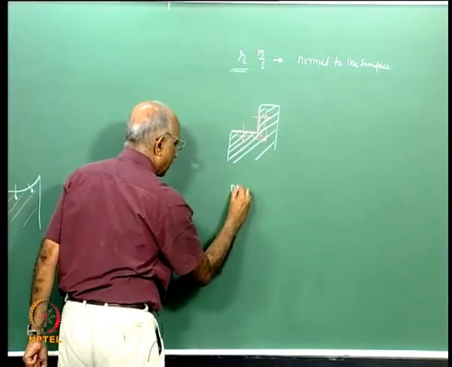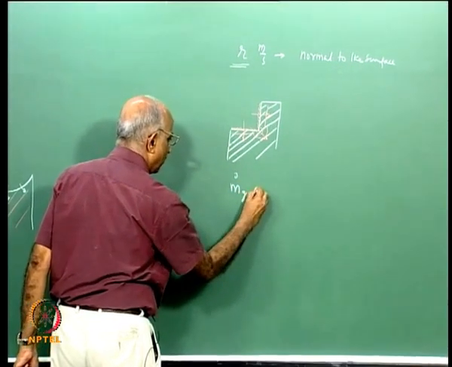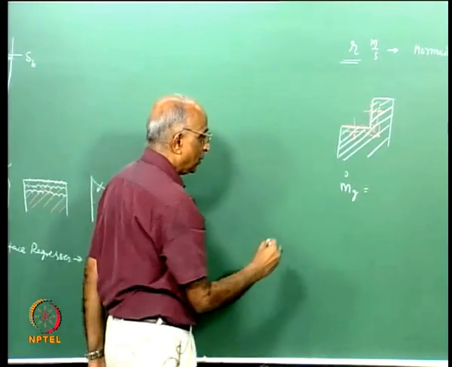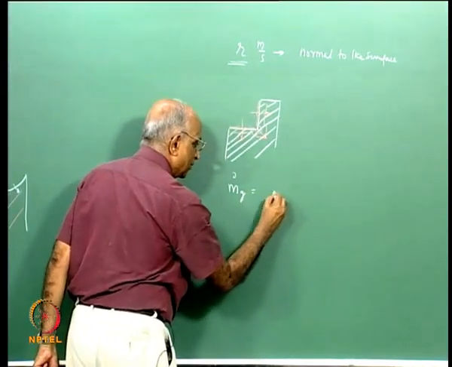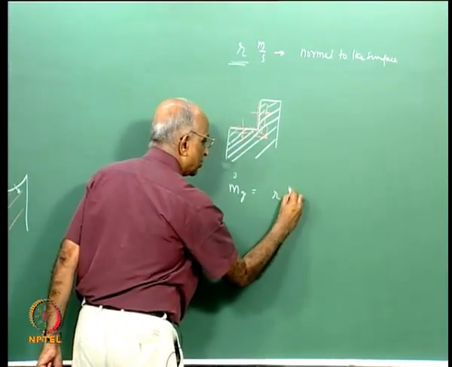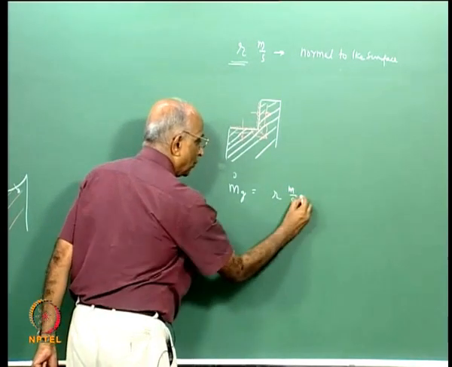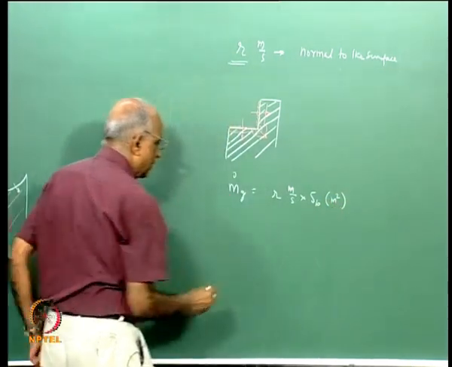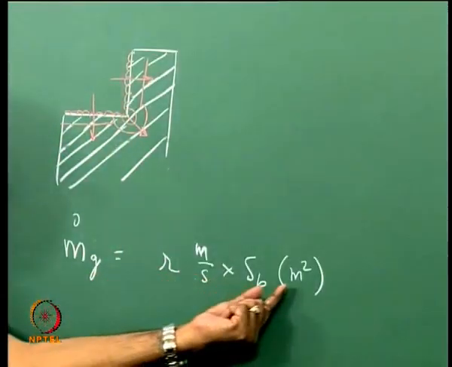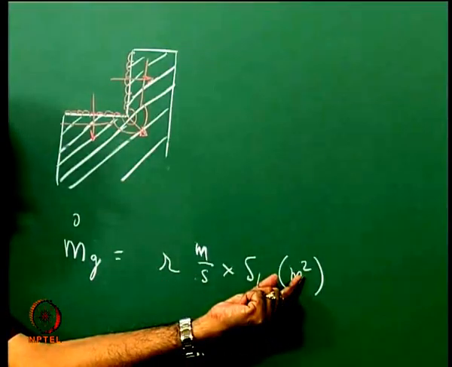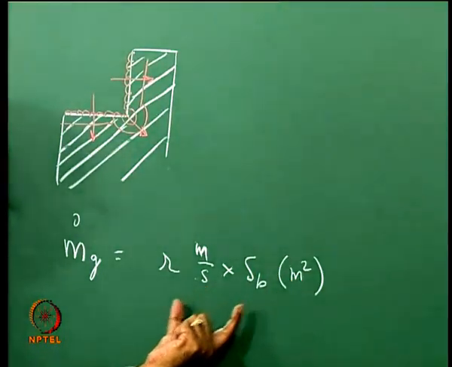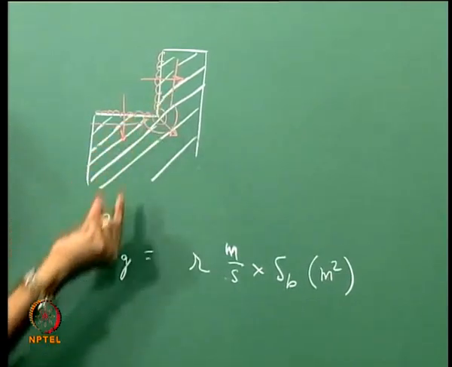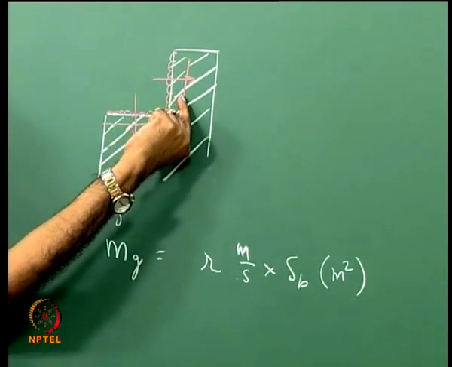The rate of mass of gas generated by the burning is equal to, let us say R is the burn rate, so many meters per second, into the burning surface area, so many meters square. This gives me meter per second into meter square, which is meter cube per second, the volume rate at which the solid propellant gets consumed.